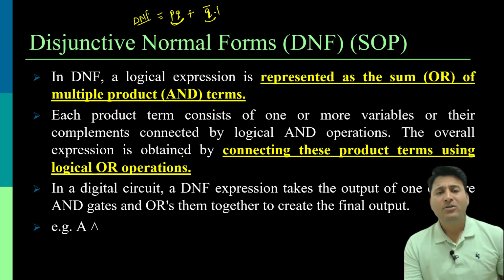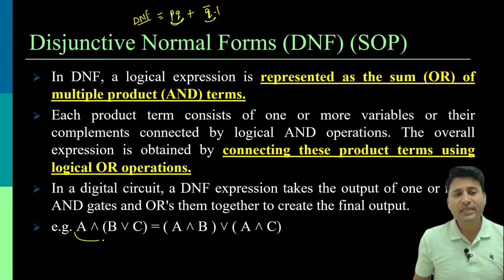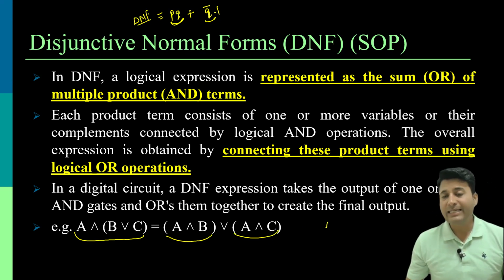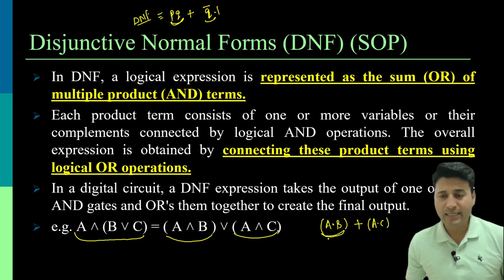Okay, so if I take one example, just see, this is one of the Boolean expressions, which is A and B union C. If I use the distributive law, it will look like A and B union A and C. I can write it as A and B means A dot B, or means plus, and means dot. So A dot C. Now over here you can see this is a product, yes.